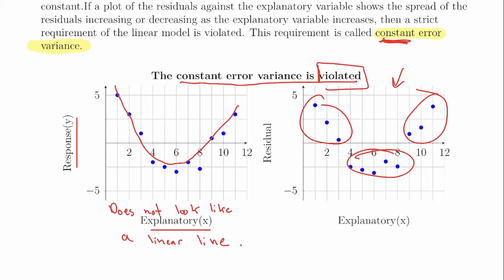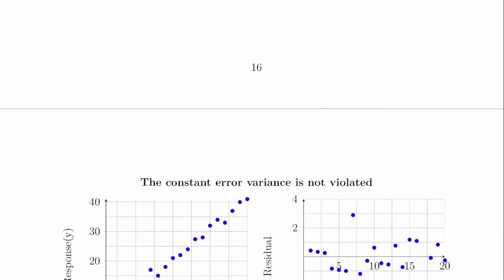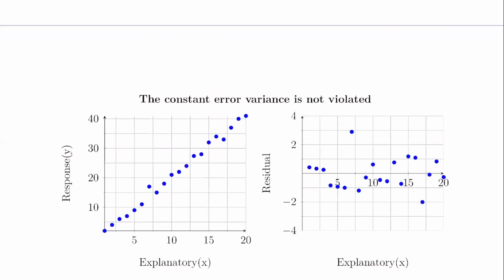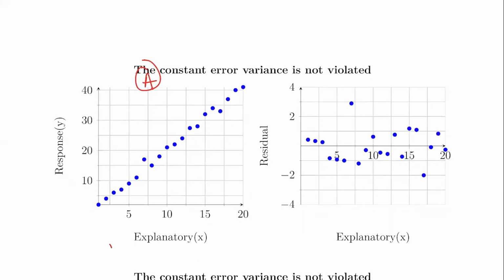So now we're going to see one where the constant error variance is not violated. All right, so let's look at this. If I look at that scatter plot, and we're going to call it scatter plot A, does that look like a linear line?